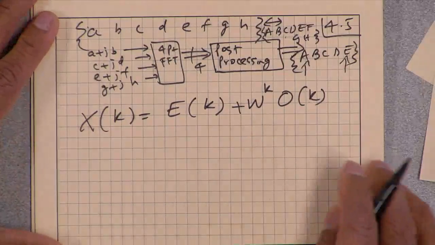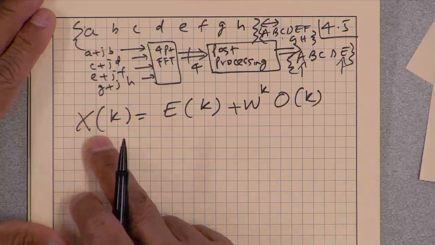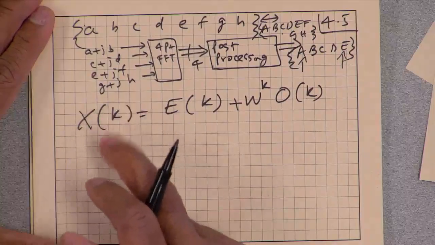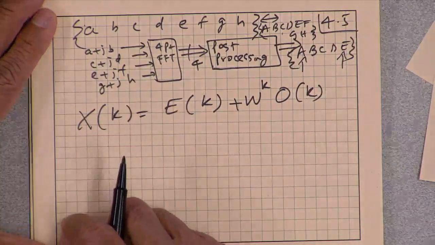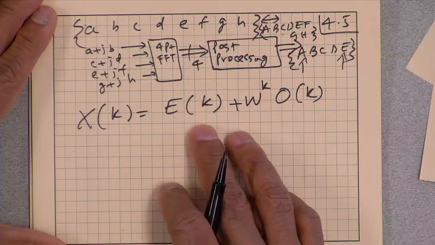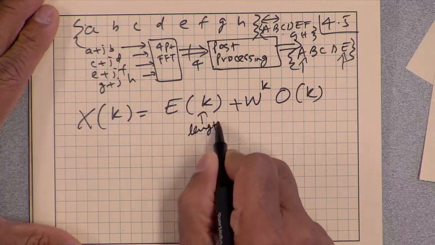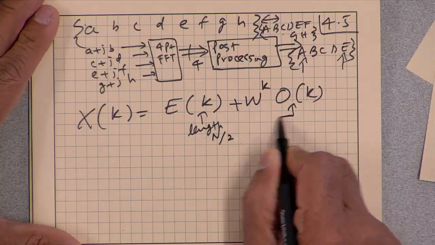By the way, xk is of length n by 2, but we don't need to compute all the redundant samples. As long as we can compute n by 2, we are fine. Ek is of length n by 2, and so is Ok.